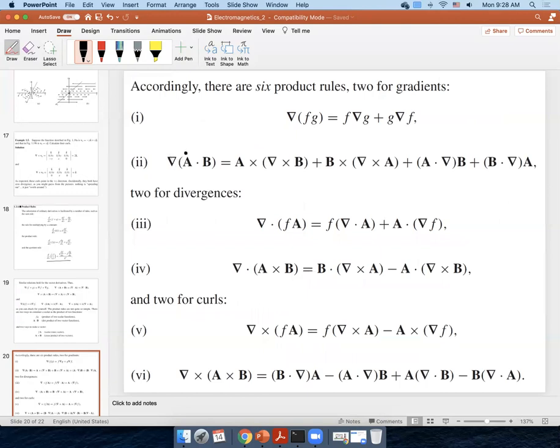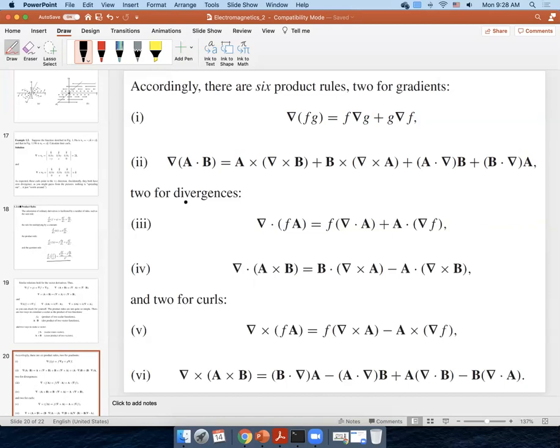The del of a dot b equals a cross (del cross b) plus b cross (del cross a) plus (a dot del) b plus (b dot del) a. It's difficult to remember that. However, those operations have been listed in the list in this book. Whenever you need to use it, you can check the list.